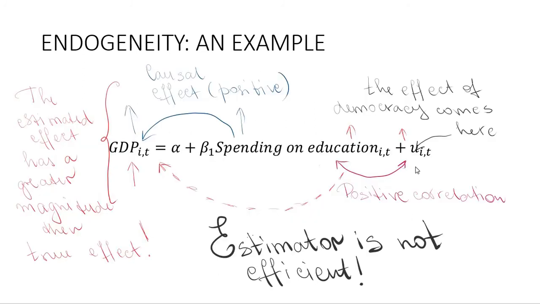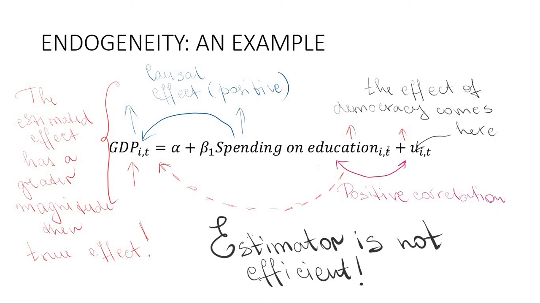We know that there is a positive correlation between spending on education and the error term, because the error term captures the effect of democracy, and democracy and spending on education are positively correlated. So first, we estimate the effect of spending on education on GDP. So we know there is a positive causal relationship.